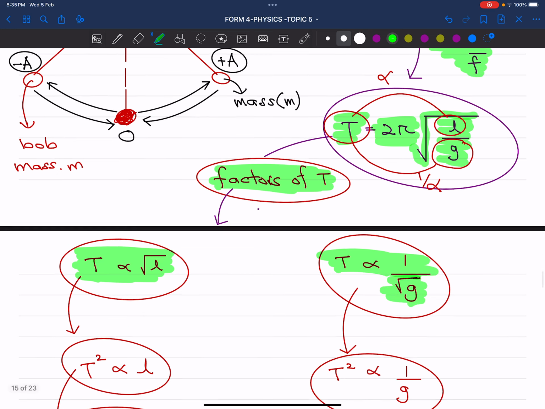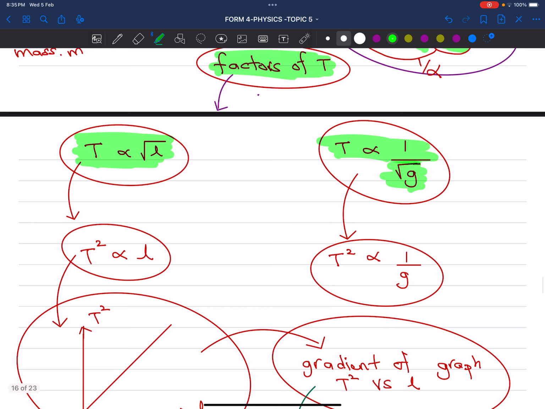Now in questions, they don't like to use square root, so we square both sides. Period is directly proportional to square root L. Square both sides, we get period squared directly proportional to L, the length.